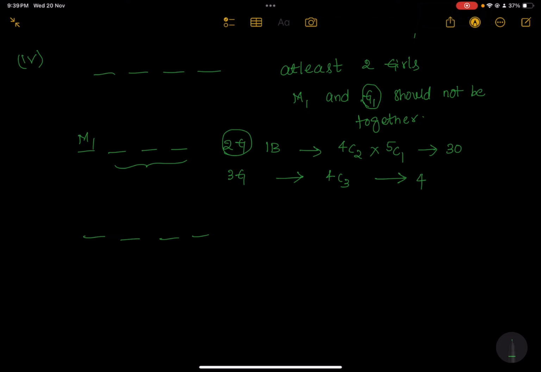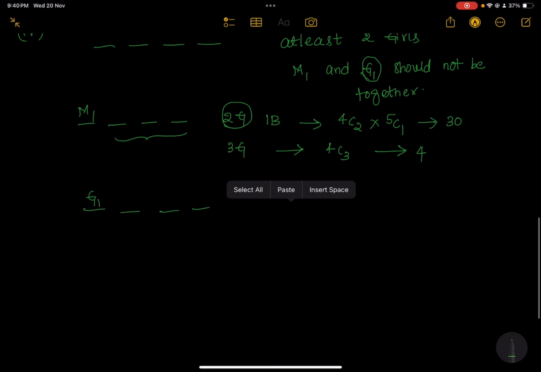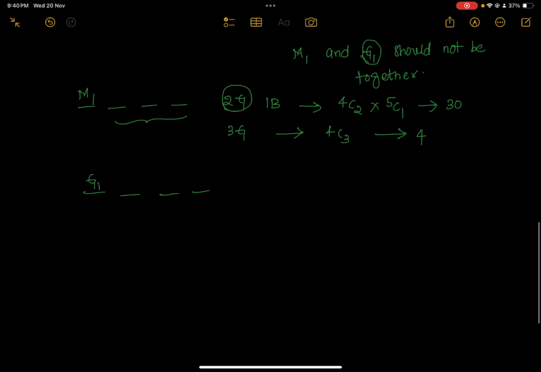Let us say there is G1 in the team. Then the other 3 places can be filled by 1 girl and 2 boys, or 2 girls and 1 boy, or all 3 girls. So now we have to select 1 girl.